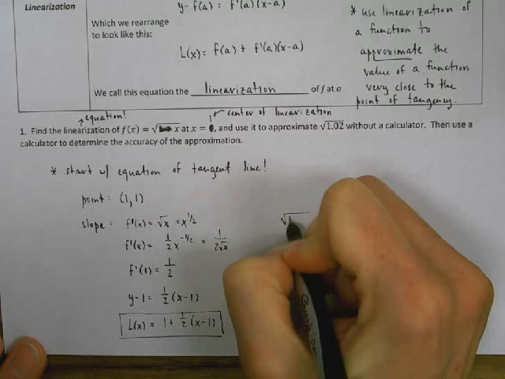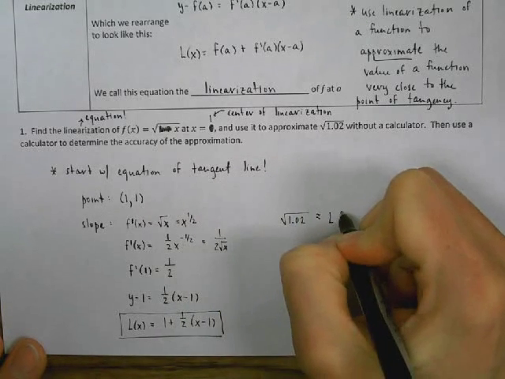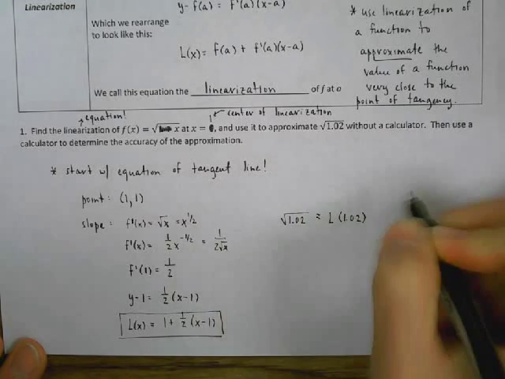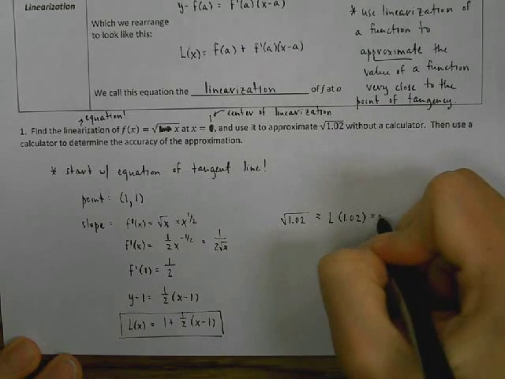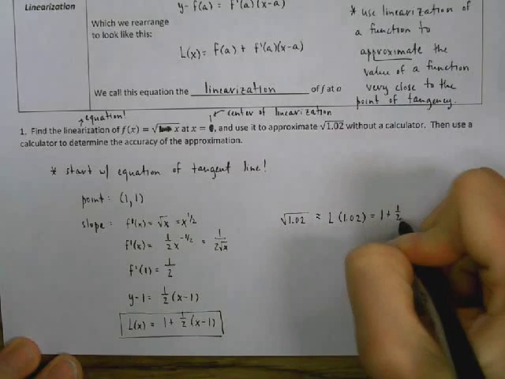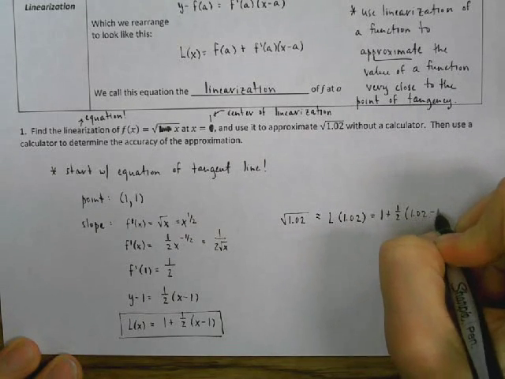So the square root of 1.02 is approximately L of 1.02, right? We said we're using this equation to approximate that value. And so that's equal to 1 plus 1/2 times our x, which is 1.02 minus 1.